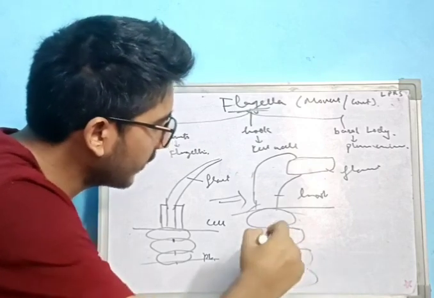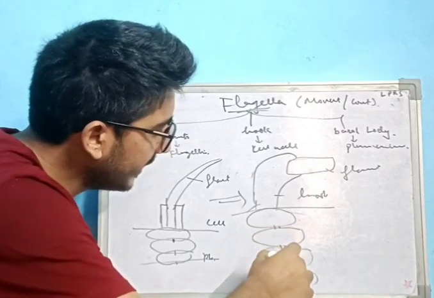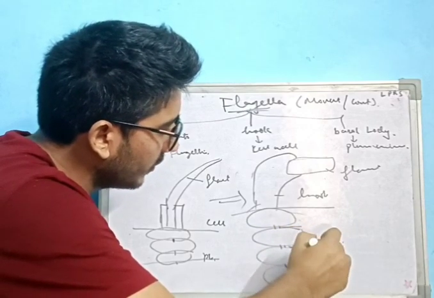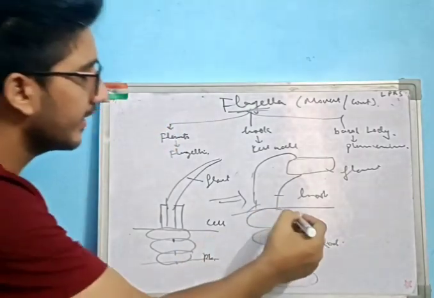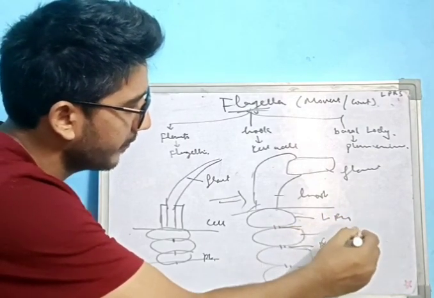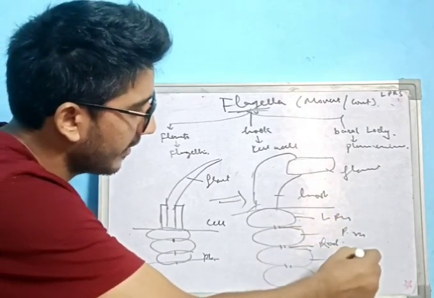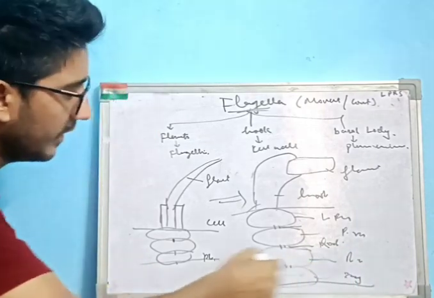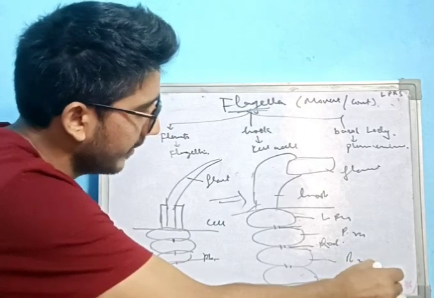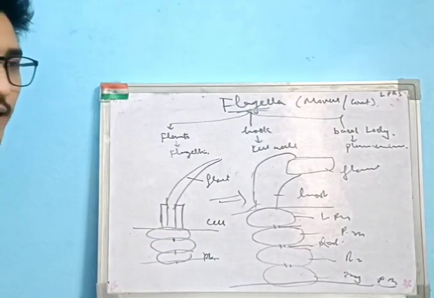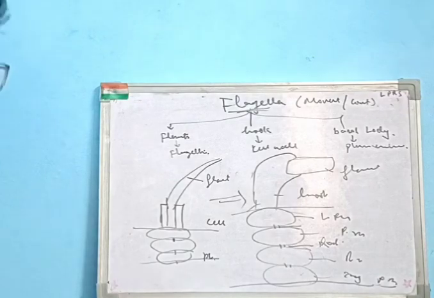There are mainly four rings, and between the rings there is a rod-like structure, also called a rod. The rings are the L ring, P ring, R ring and S ring, which are attached on the plasma membrane. So this is the structure of flagella, which is used by the bacteria for movement.